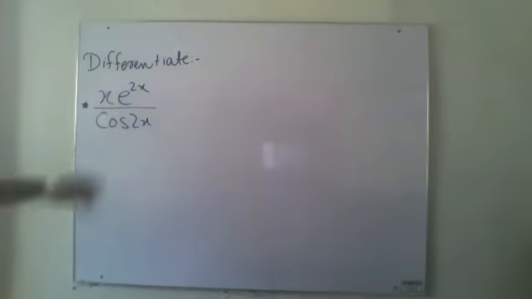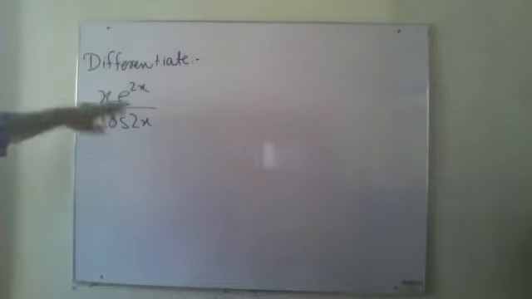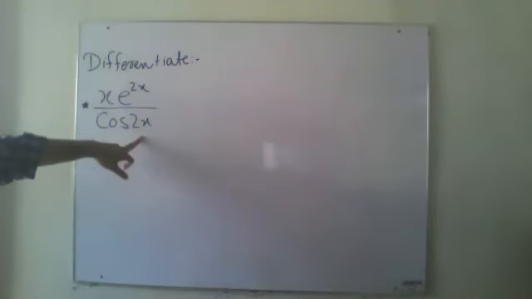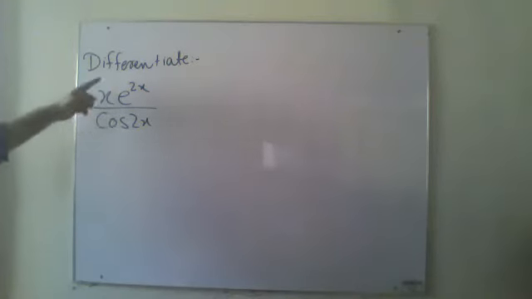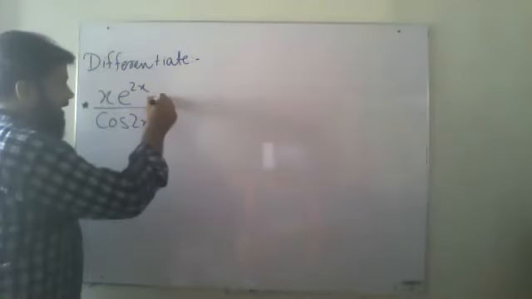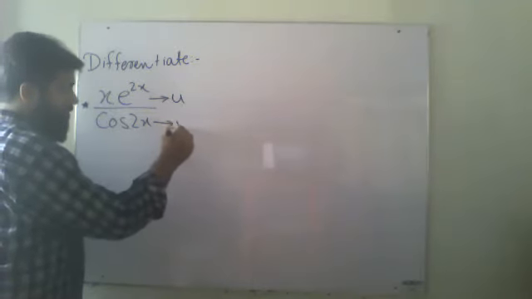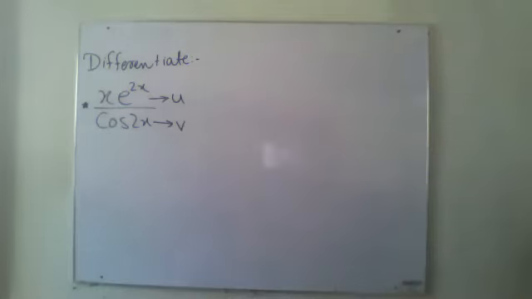So the main question shows that there is a fraction, and in this fraction we have got a numerator. Over here, we have got an x, and over here, we have got an x. So both of them are in fraction. It means I will be applying u and v differential.